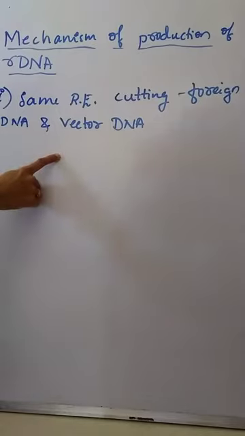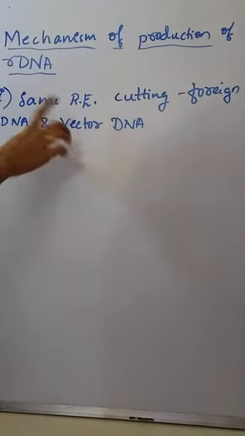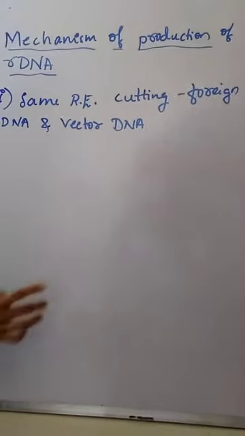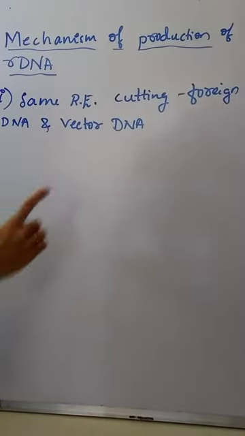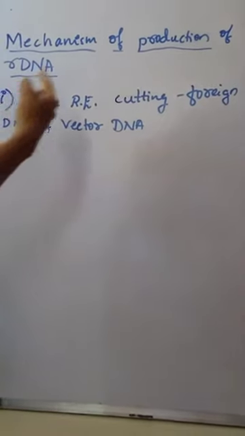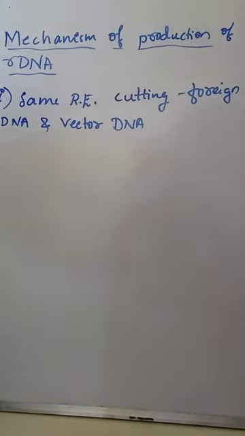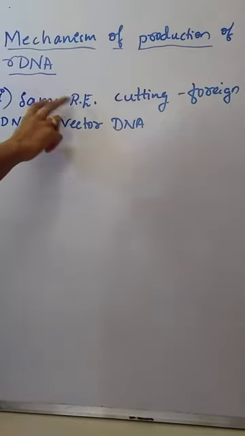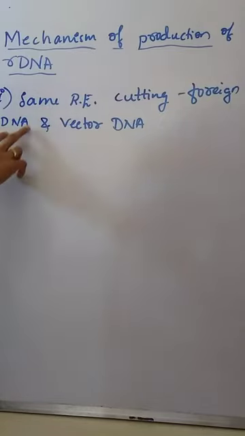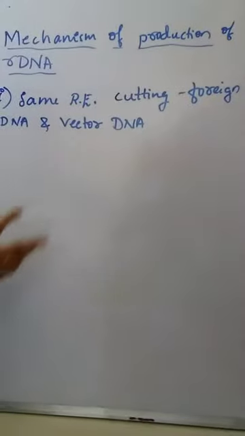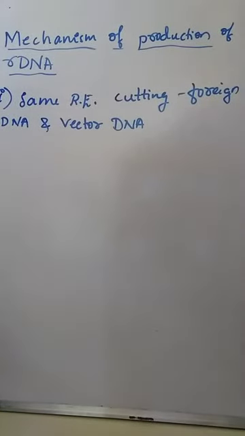So for this, we need to use the same restriction enzyme, only one particular restriction enzyme, to cut the foreign DNA as well as the vector DNA. By recognizing the recognition sequence, it cuts both the DNAs at a specific point.